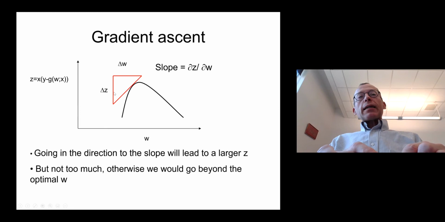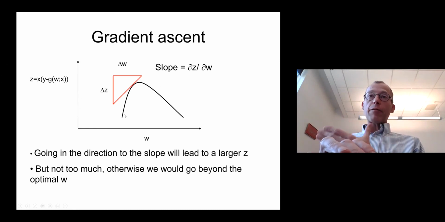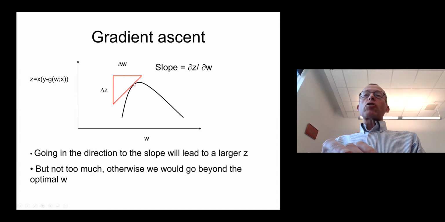Now, the slope of the function that we want to maximize is the derivative, since by definition derivatives are the slope of the function. So let's see the relationship between the change in W and the slope.